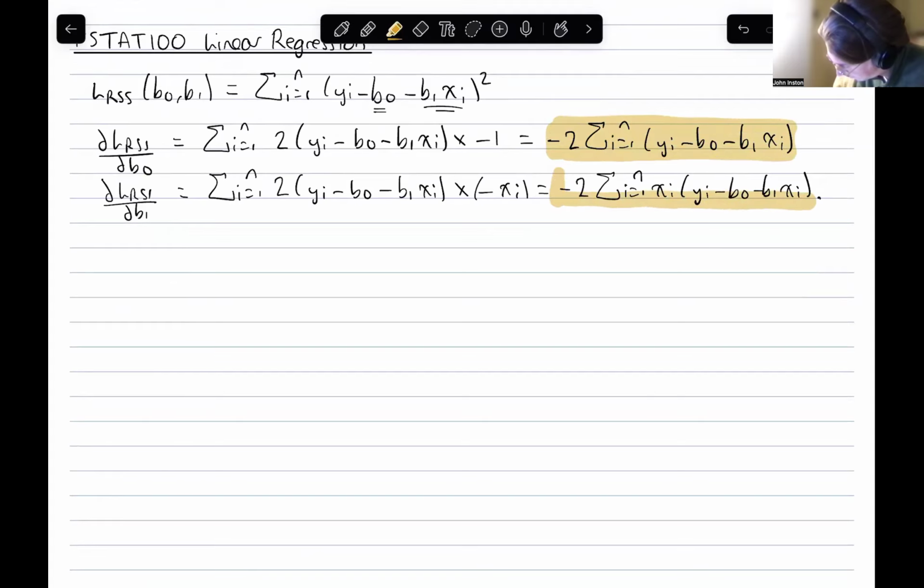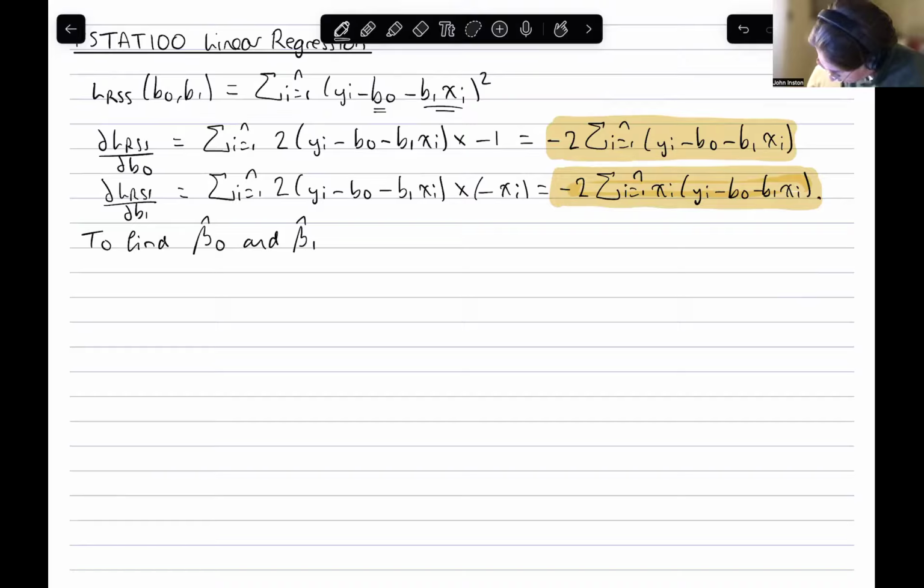So I'll highlight them. So to find beta hat naught and beta hat 1, we set them to 0.